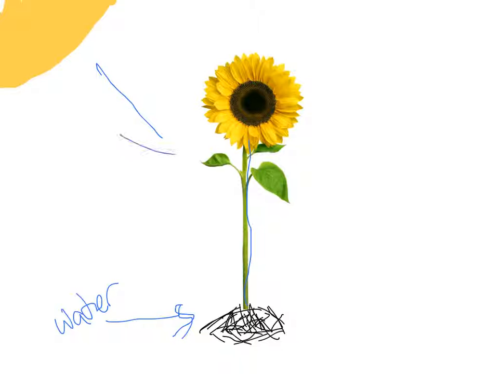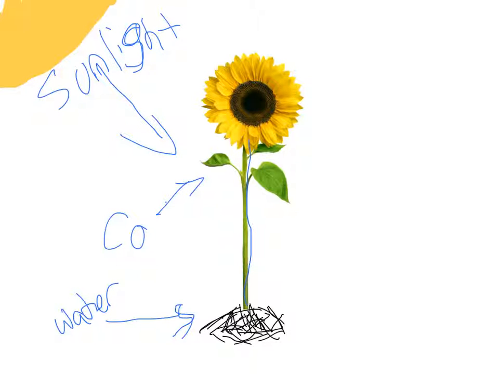There's sunlight, but the sunlight photons are absorbed by the chlorophyll. And there's carbon dioxide, CO2. And carbon dioxide is also brought into the leaf by the stomata.